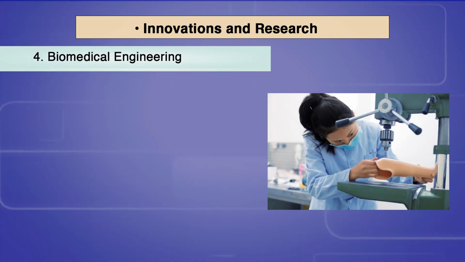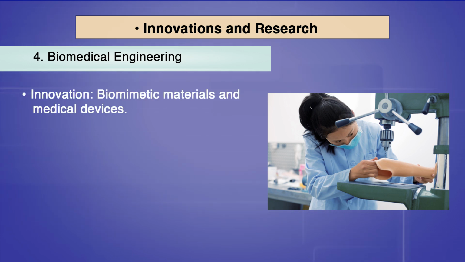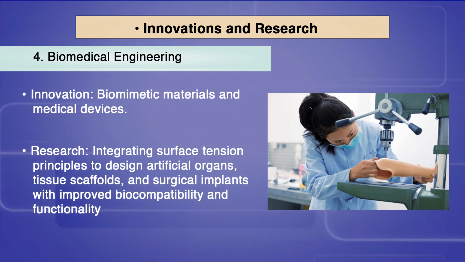Now, next one is research and innovation in the field of biomedical engineering: innovation in biomimetic materials and medical devices, and research for integrating surface tension principles to design artificial organs, tissues and surgical implants with improved biocompatibility and functionality.